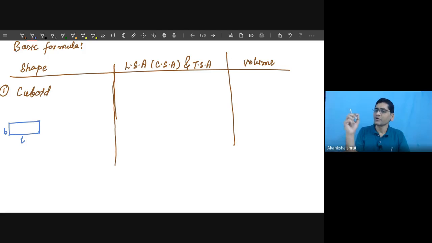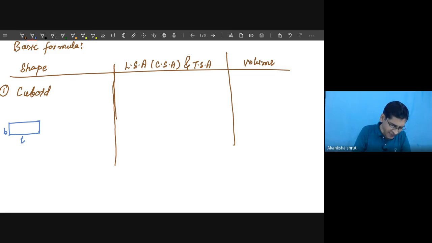Like your notebook or your book, one of the sheets is acting as a rectangle, but placing one sheet over another, and a large number of sheets, say 100 or 200, it gains some thickness. At that time, it has volume, and the new shape is called a cuboidal shape.